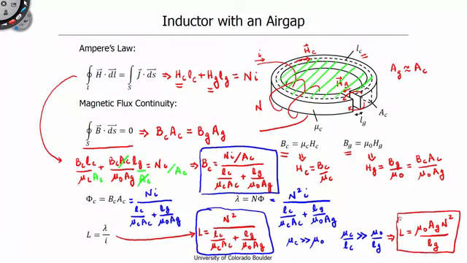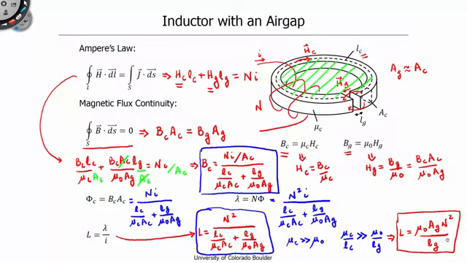Note that none of the material properties, that is mu C, is now present in the expression for L. So my inductance now only depends on the permeability of free space, the cross-sectional area, which is partly governed by the cross-sectional area of the core itself, the number of turns squared, and the length of the air gap. Hence, my inductance will now be constant.